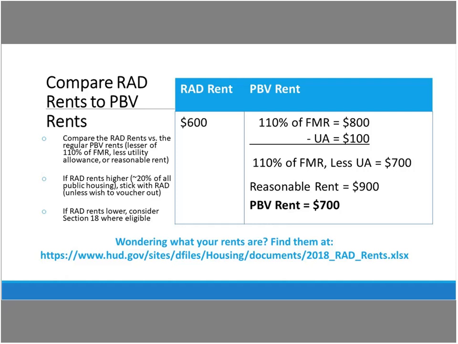If you look for the 2018 RAD rents, again, I'll do this for you. There were a couple of questions in the surveys from the last session that asked about where to find information. So I'm going to take a moment and review that again.